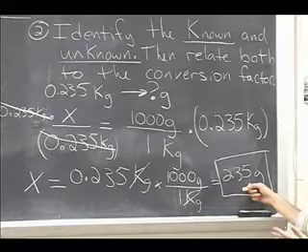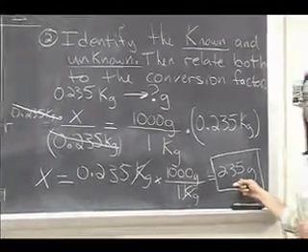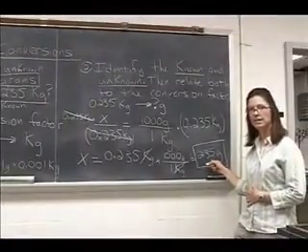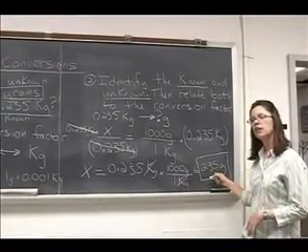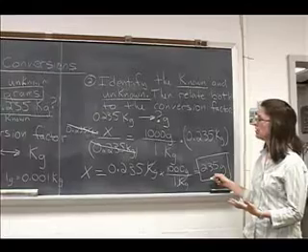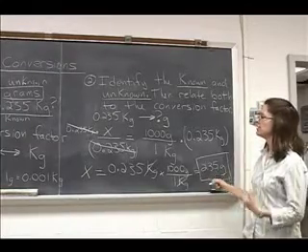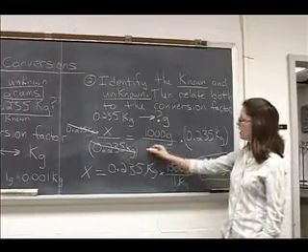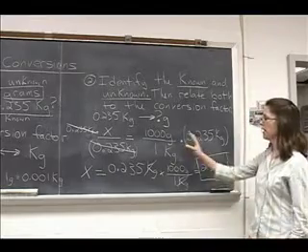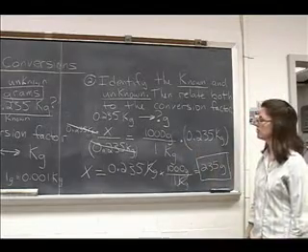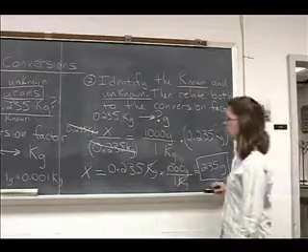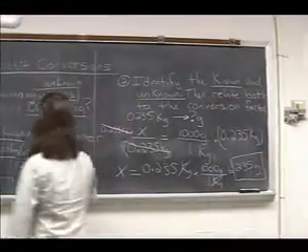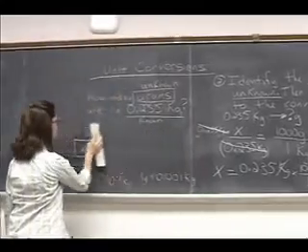Now, students often like to use something called unit analysis or dimensional analysis. So let's take a look at how unit analysis differs from how we've set up this problem as a mathematical equation. I'm going to go ahead and leave this here so we can compare it to how we solve the problem using dimensional analysis.